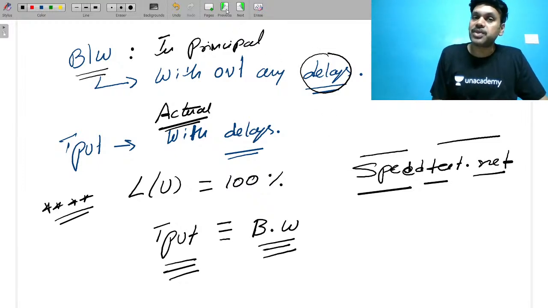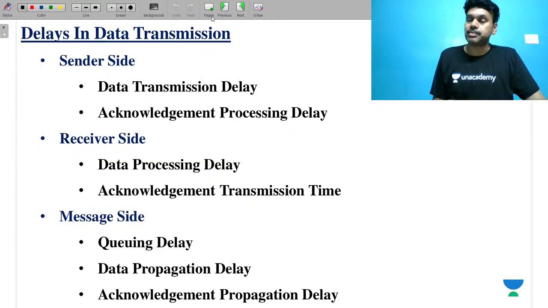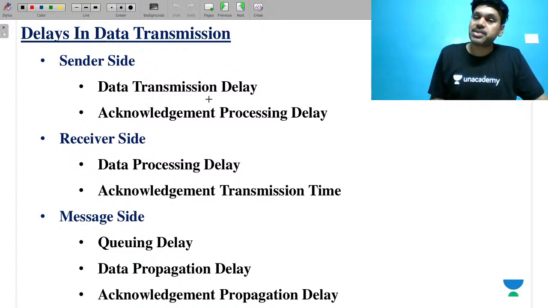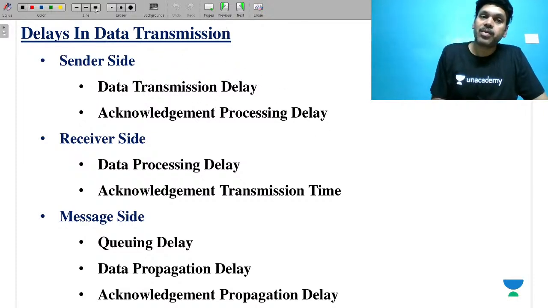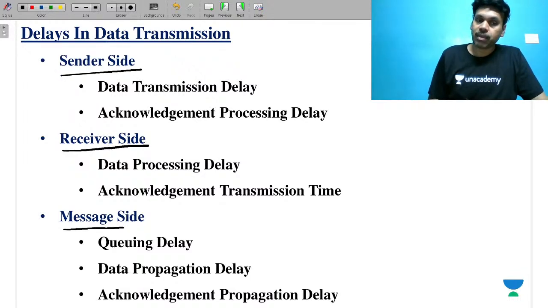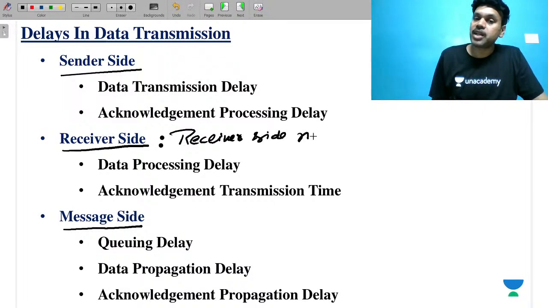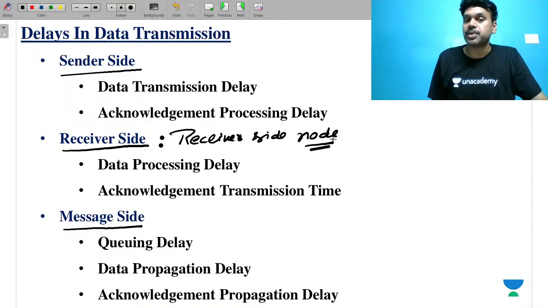So if you understand, these delays are divided into different varieties. One is at the sender side, one is at the receiver side, and one is at the message side. Receiver side is nothing but the receiver side node. It may be a direct receiver or any intermediate router.